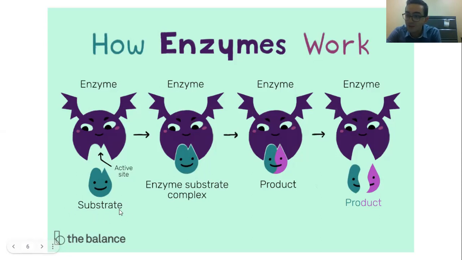So whatever drug needs to be metabolized, it acts as a substrate to a specific drug metabolizing enzyme. The substrate, our drug, fits into what's called the active site of the enzyme, and it fits sort of like a lock and key.